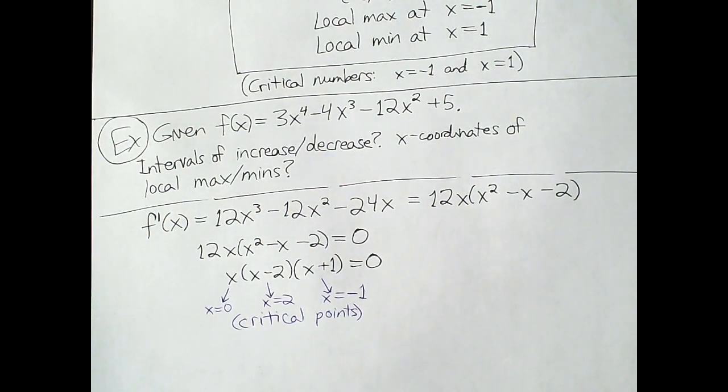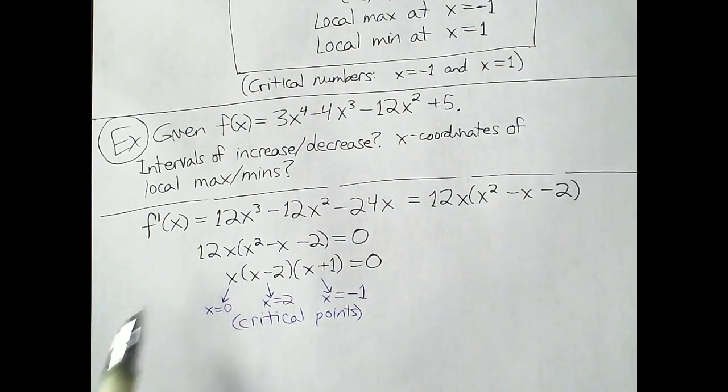Before we move on to the next step, I just want to point something out. When we were at this step, and I said, let's divide both sides by 12, and I just got rid of the 12, you might say, where'd the 12 go? I divided both sides by 12. So it's not here. And 0 over 12 is 0. It's okay to do that with constants.